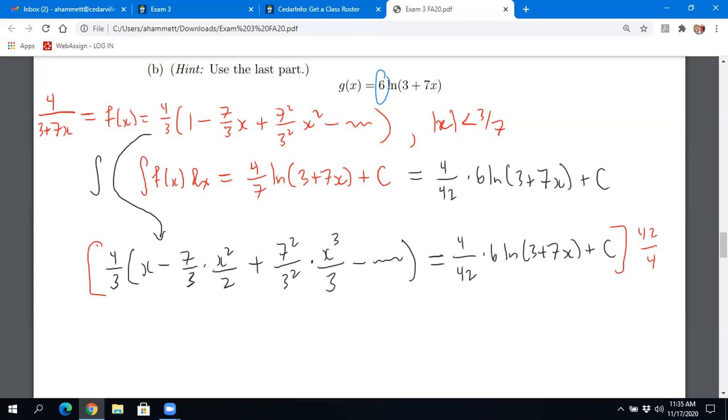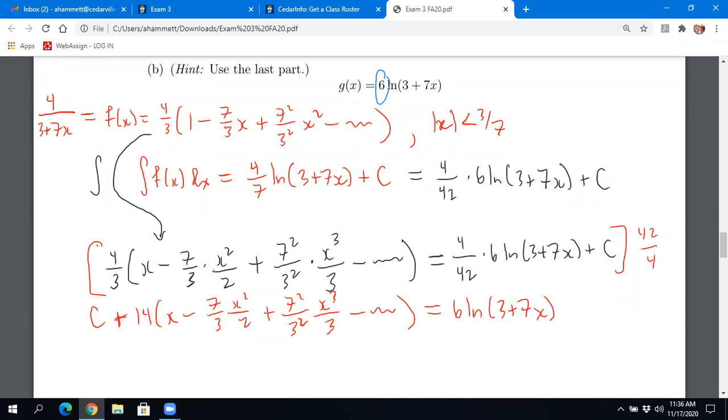Yeah. I'm going to get 14 times this nonsense, x minus 7/3, x squared over 2 plus 7 squared over 3 squared, x cubed over 3, minus etc. By the way, I'm just going to move the constant to the other side. It doesn't even matter if it's a plus or a minus. We'll have to sort out what this thing is later. Okay, so this is going to be equal to 6 natural logarithm 3 plus 7x.